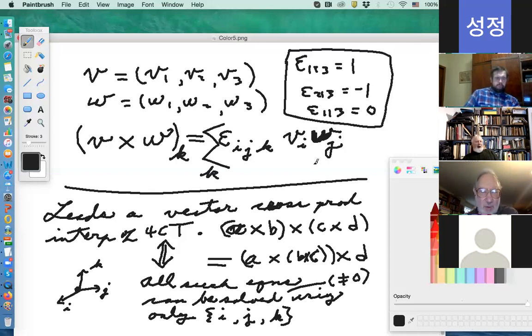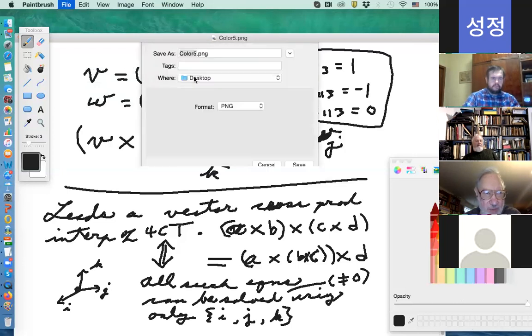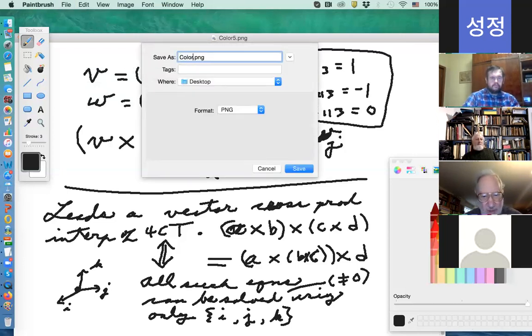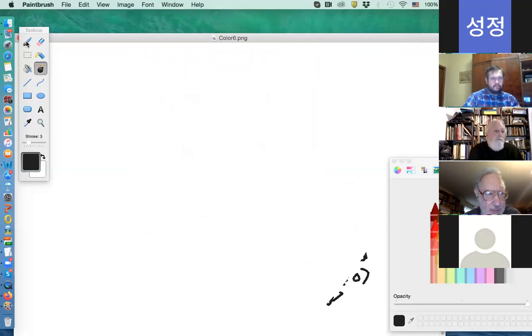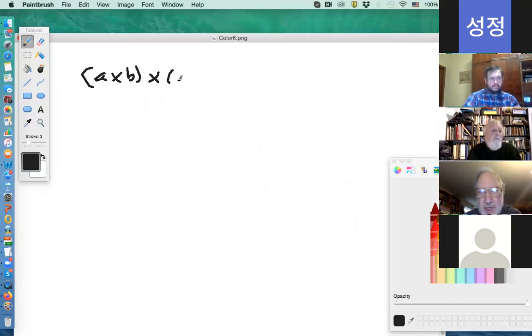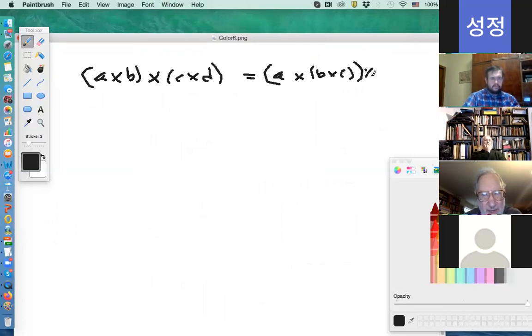And you might wonder, well, what does that have to do with what we were doing? I'm not going to go into the detail, but let me just show you what the translation is, and then you'll see that it fits into the framework that we're talking about. Let's say we use that one. I'm trying to solve A cross B crossed with C cross D equal to A cross B cross C cross D. And I'm going to tell you how you can do this by turning it into a graphical problem.